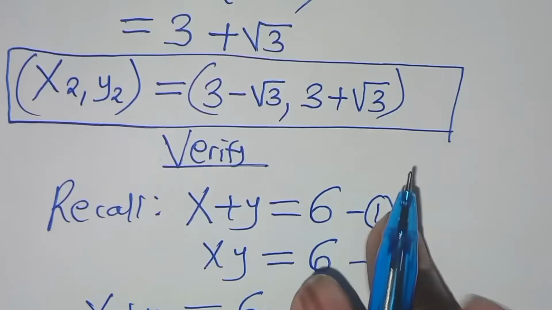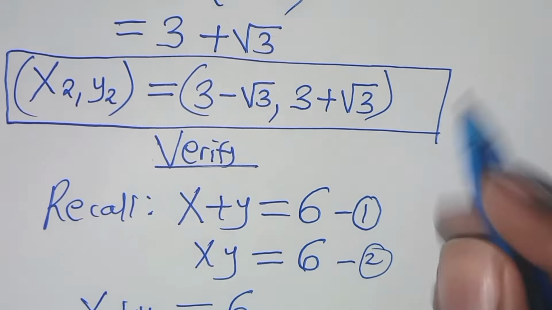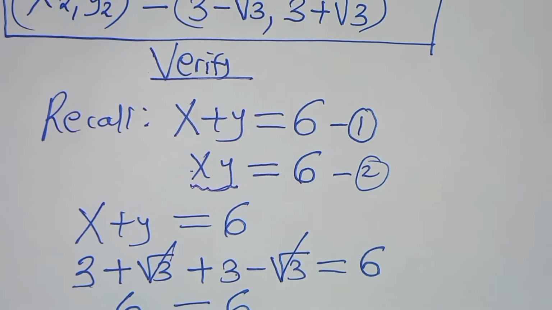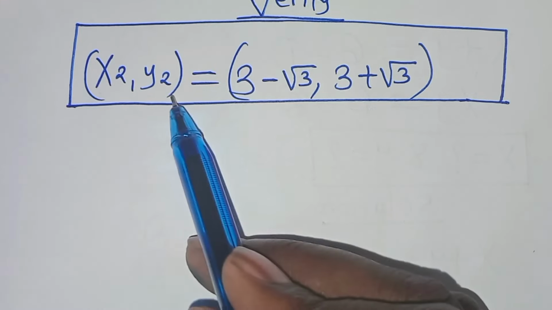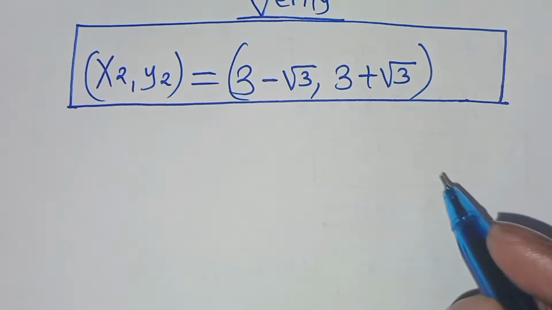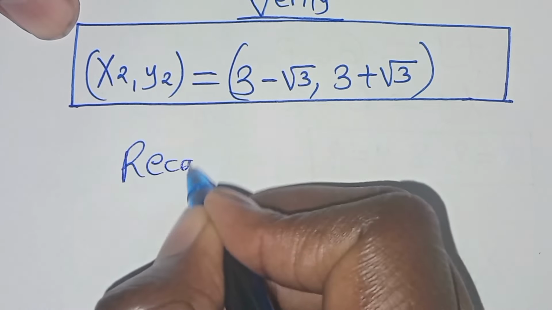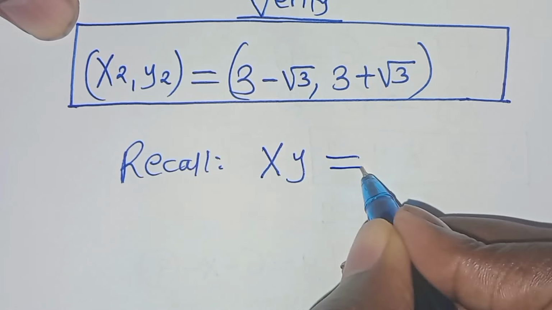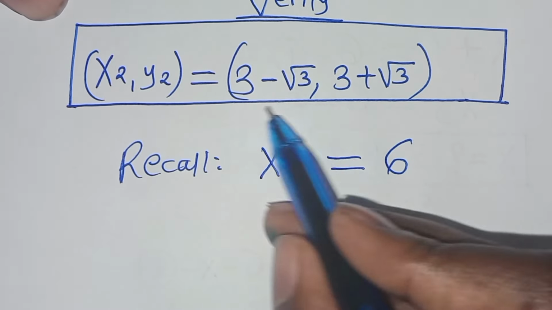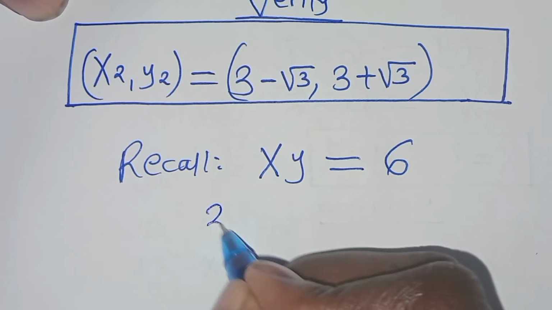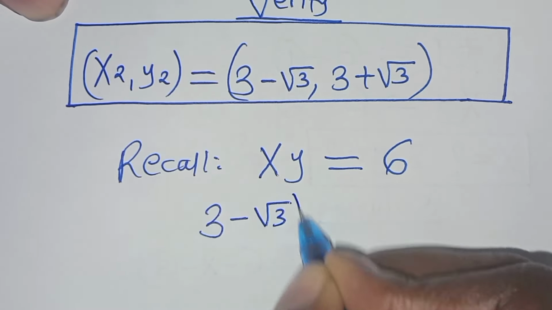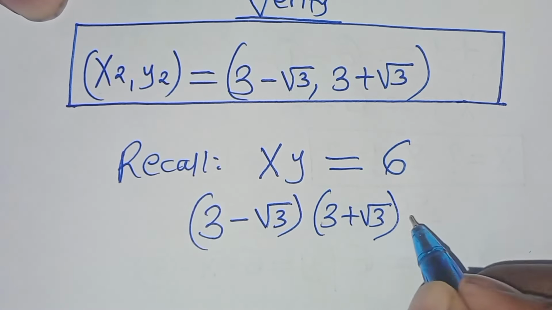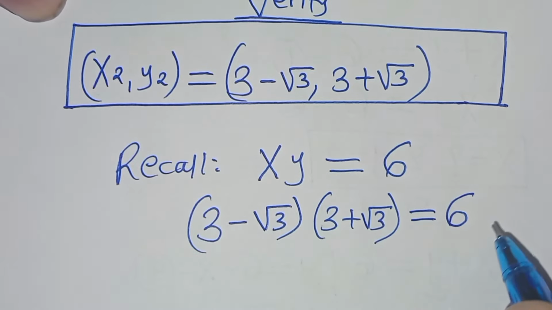Now let's check x2, y2 by applying equation 2. We have equation 2 here, x times y is equal to 6. Now let's verify that x2, y2 satisfies the equation. If you recall, equation 2 has x times y, which should give us a value of 6. So let's multiply these two: 3 minus square root of 3 multiplied by 3 plus square root of 3. This is supposed to give us a value of 6.